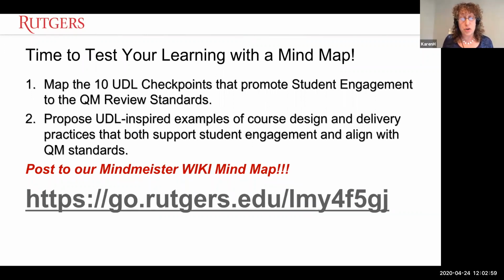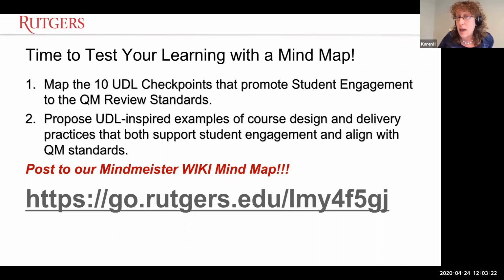This is the short URL that you can just type into your URL bar in your web browser. But I think also in our chat, I'm asking that we post both this short URL and the direct URL to this MindMeister Wiki mind map.